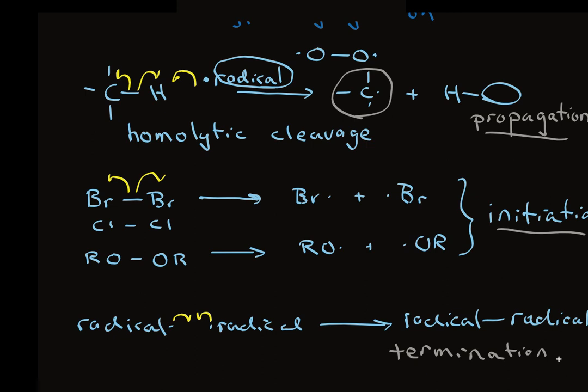And those processes end when two radicals happen to meet each other and both donate electrons to form a sigma bond to form a stable neutral molecule and no radical. You'll see that this is the theme for the chemistry of radicals that we talk about next.